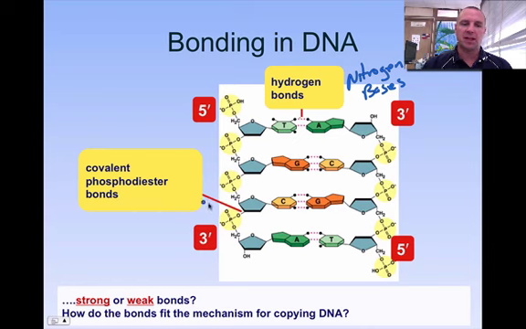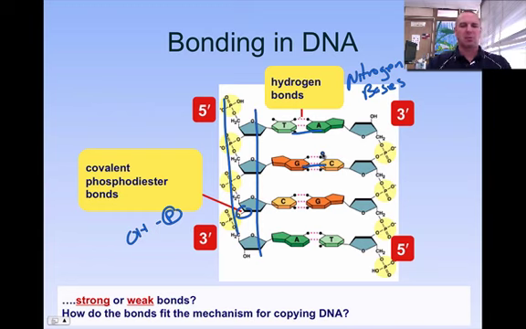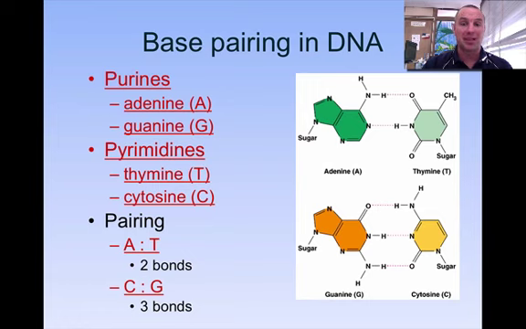Now, the covalent phosphodiester bonds are what is formed between the OH group and the phosphate. All right? And those are pretty strong. So if you think about it, we've got strong bonds along the backbone, and we've got weak bonds along the rungs, which allows it to split and be replicated pretty easily.